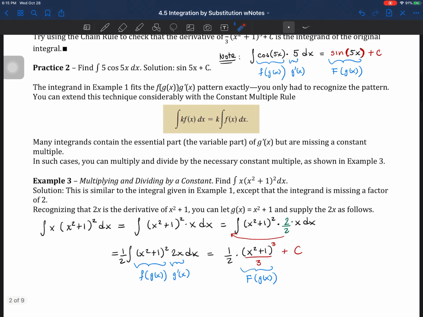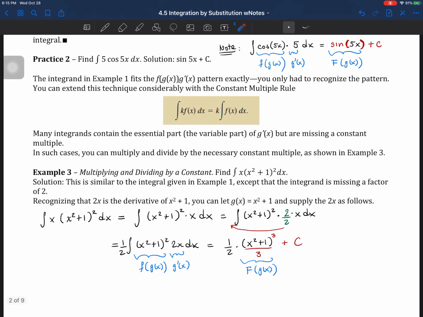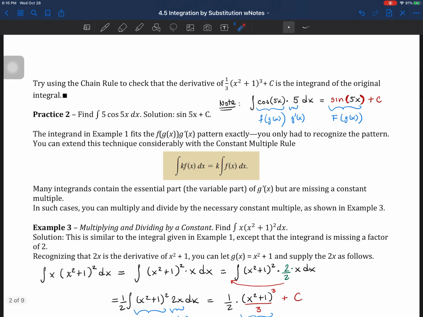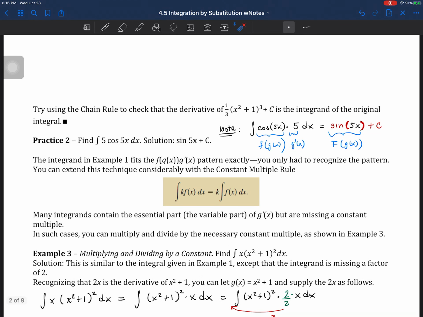Many integrands contain the essential part of g prime of x, but are missing a constant multiple. So what's going to happen, a lot of times the g prime of x will be there, but it will be missing a factor, a constant coefficient.